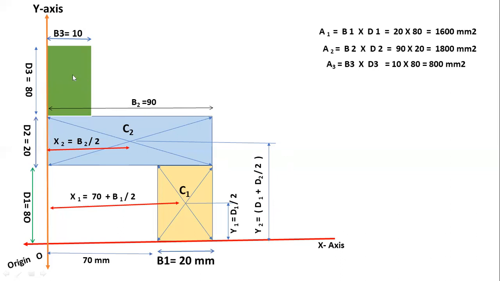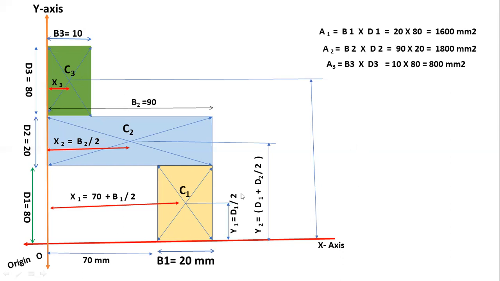Now I am drawing the diagonals for this top rectangle. This intersecting point is C3. Here x3 is the distance of centroid C3 from y-axis. That value equal to base B3 by 2, that value equal to 5 mm. In similar way, y3 is the distance of centroid C3 from x-axis.